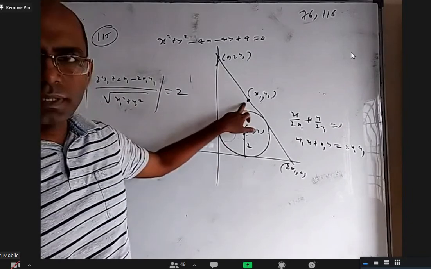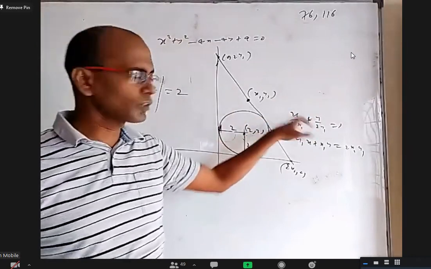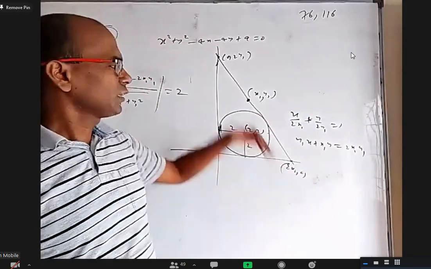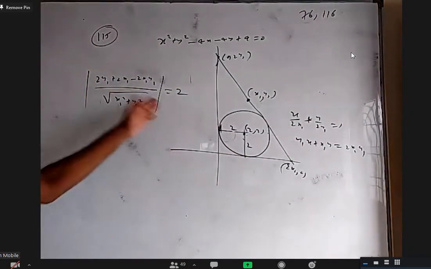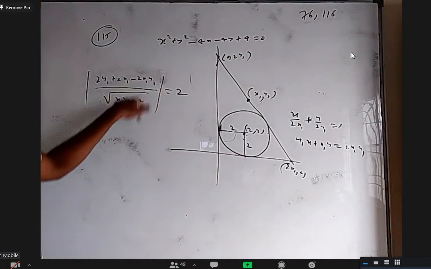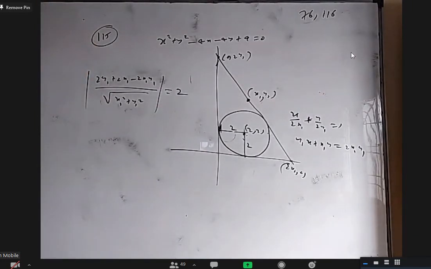So we took the midpoint as x1, y1. From there we found the x-intercept and y-intercept, so you can find the line equation. Once you know that line, it should be tangent to the circle, meaning from the center the perpendicular distance equals the radius. Now, when you remove the mod, take plus, you'll get one locus, and take minus, you'll get another locus. Which one is correct?